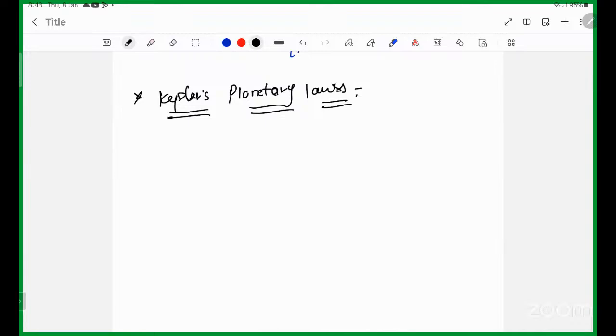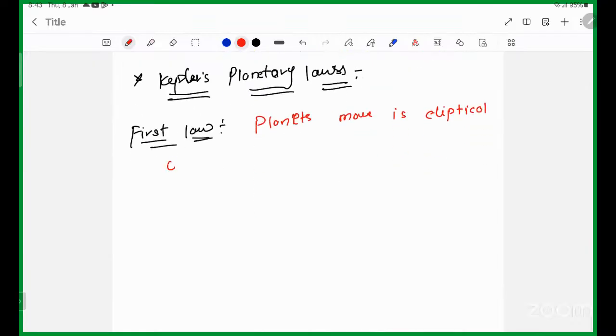Kepler's first law, what does it state? It states that planets move in an elliptical orbit with the sun as a focus, like this.